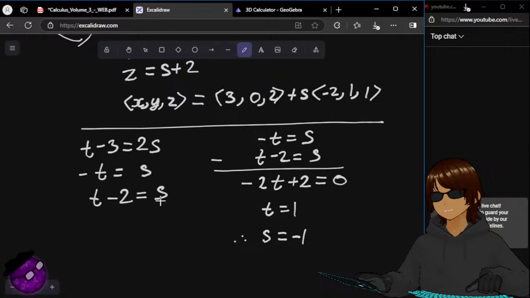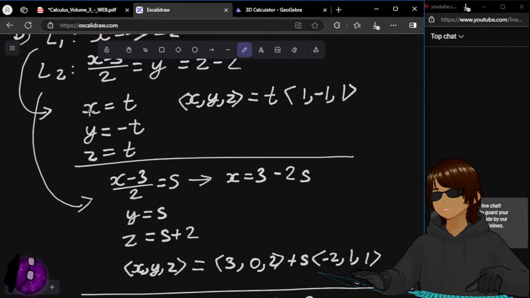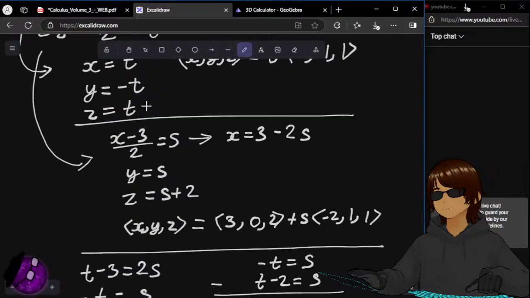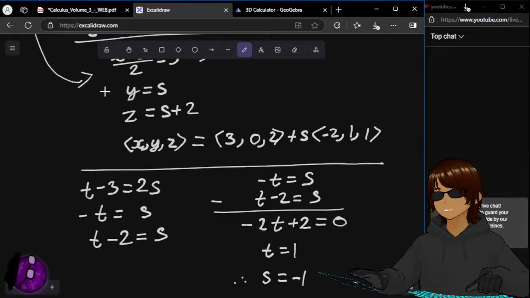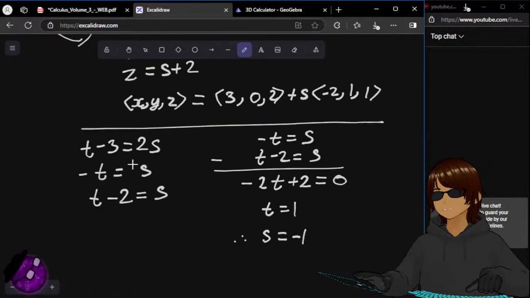So if we plug in s over here, minus 1 here and plus 1 here, this would make sense. But would this make sense? So 1 over here, 1 minus 3 is minus 2. And then this makes sense. So they do intersect at a common point. That point being x is 1, y is minus 1, and z is 1.